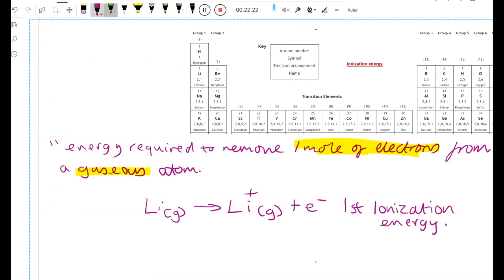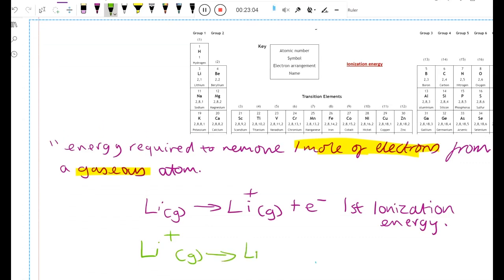Okay, but it is actually possible to go on and do second and third ionization energies as well. So if you were asked in a question to show the ion electron equation for the second ionization energy, then instead of starting with an atom, as you did with the first, you would start with an ion that has a 1 plus charge. So Li+. It still needs to be in the gaseous form.